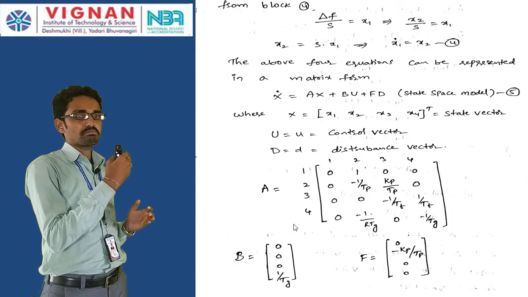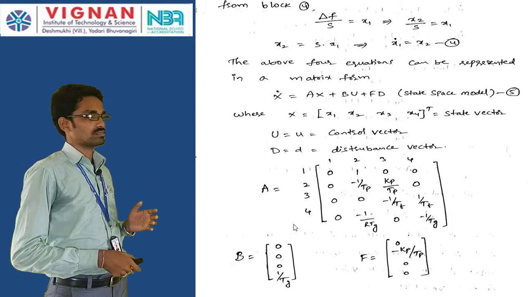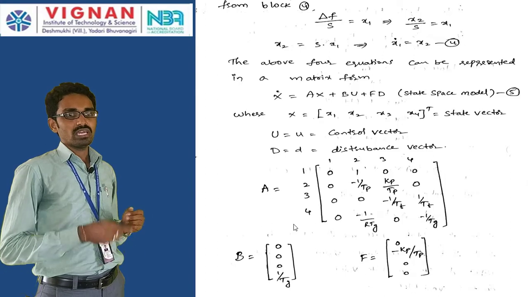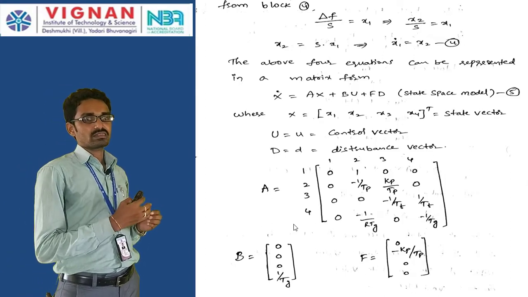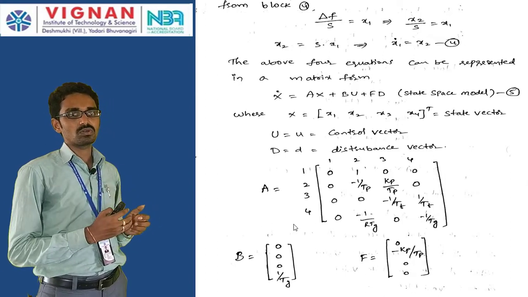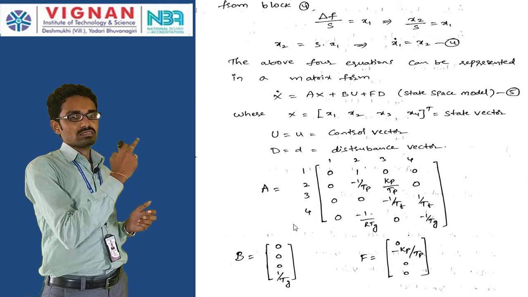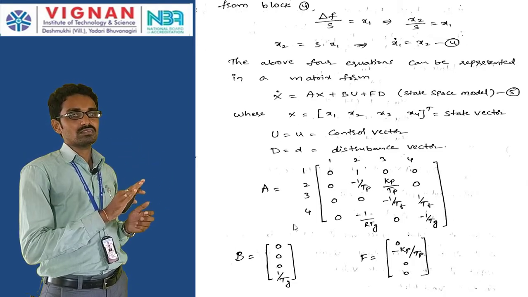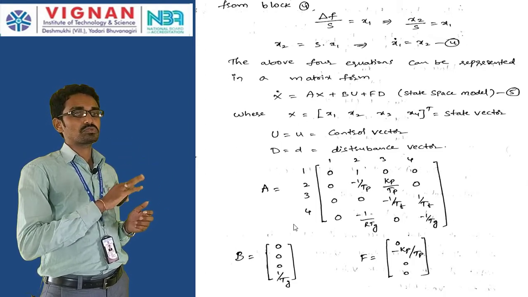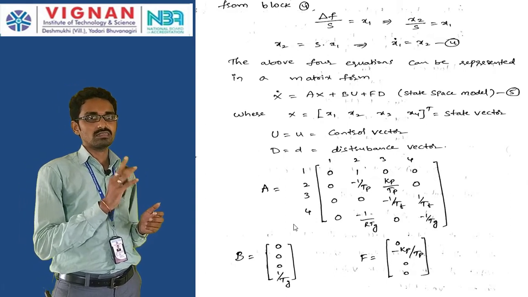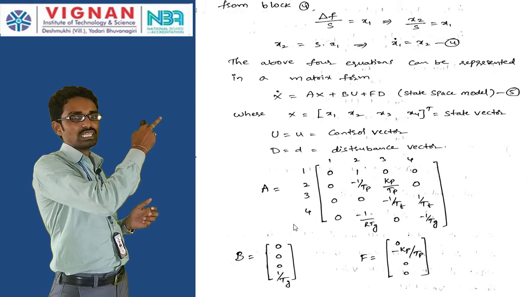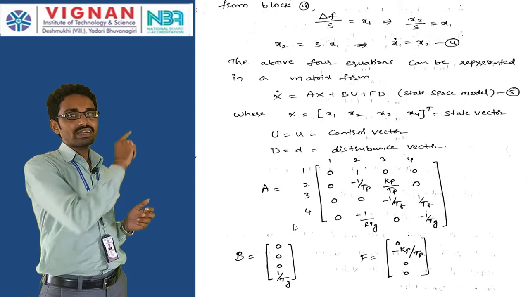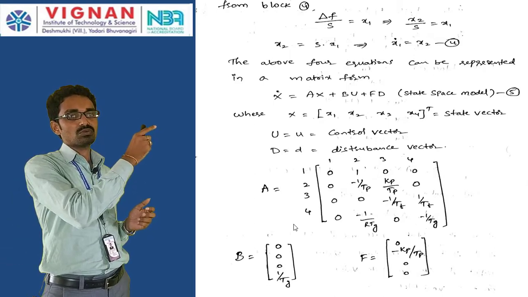So from that, by considering those 4 equations, equations 1, 2, 3, 4, if I write the A matrix, the first row is 0, 1, 0, 0. Here in equation 4 you have x1 dot is equal to x2 only.